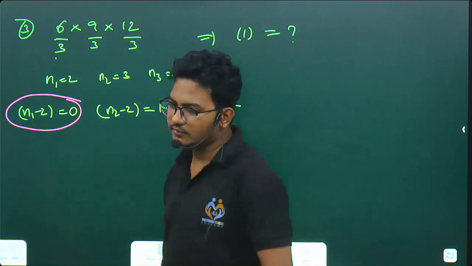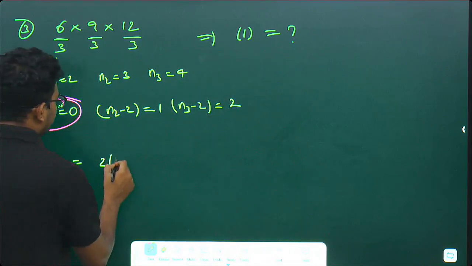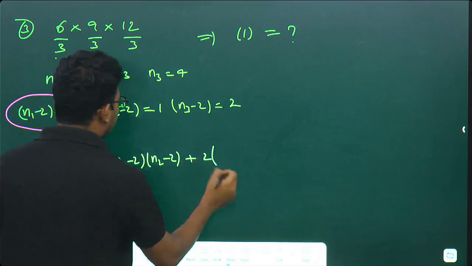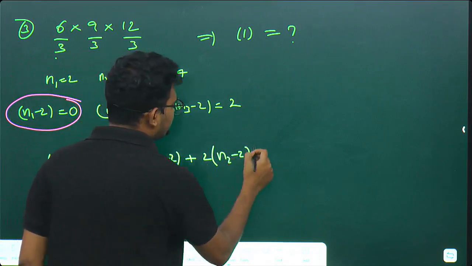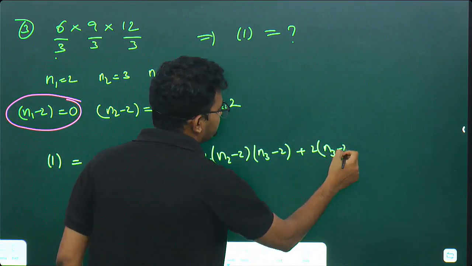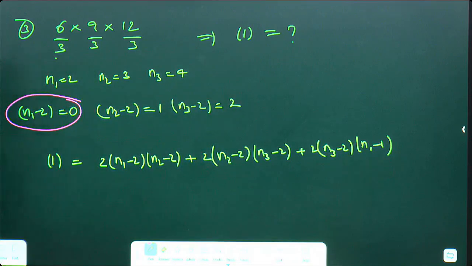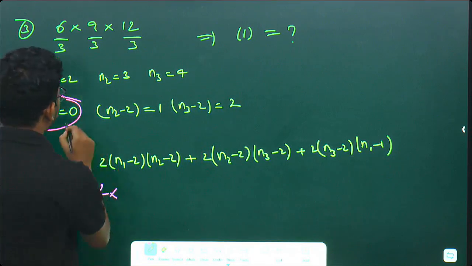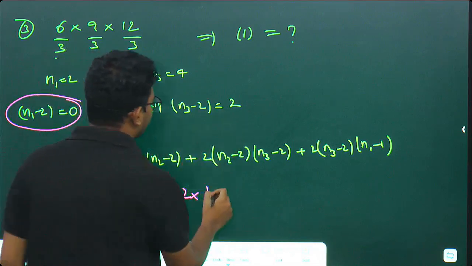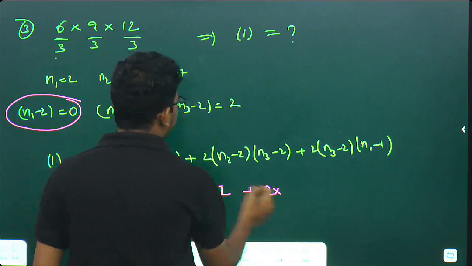But if I have to go with the long form, then I have to write the formula again, which is 2 into n1 minus 2 into n2 minus 2 plus 2 into n2 minus 2 into n3 minus 2 plus 2 into n3 minus 2 into n1 minus 2. Now 2 into 0 into 1 plus 2 into 1 into 2 plus 2 into 2 into 0.